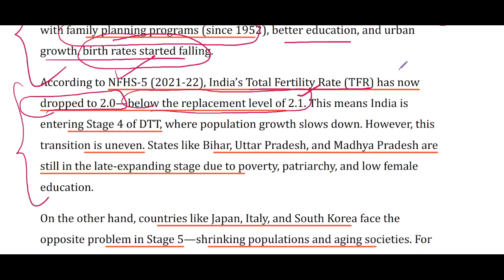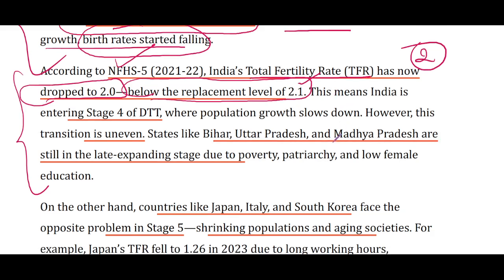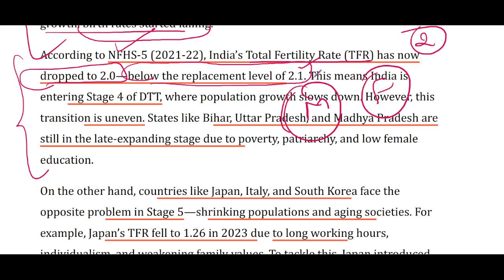Now this 2.1 issue, somebody might ask: there is one male and one female, and out of the total pool available of the head count world over, they are replacing two people. So in such a case, if they have two children, they are providing the replacement.